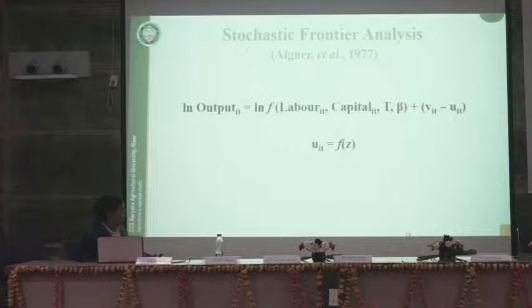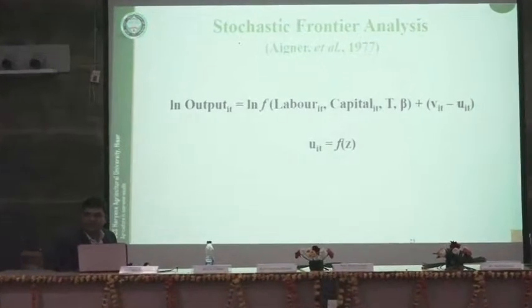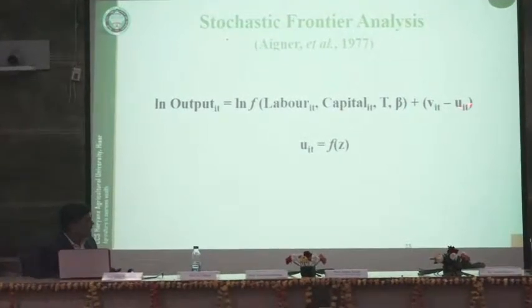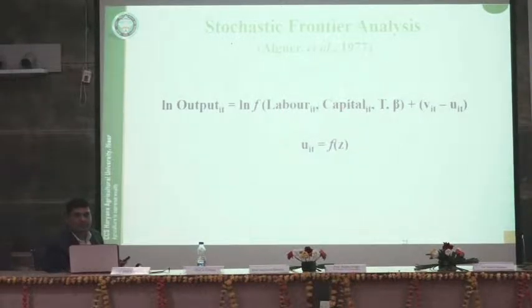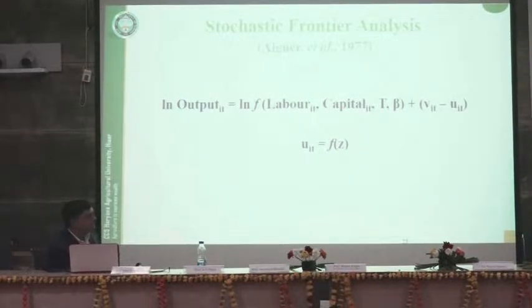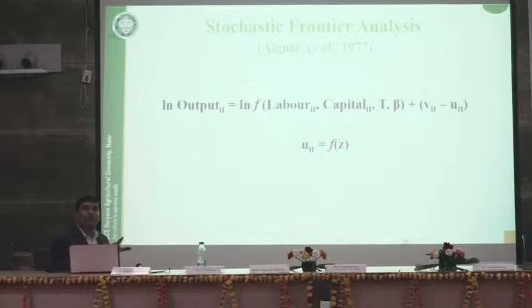If your mu is statistically insignificant, or statistically 0, that means your stochastic frontier model becomes a simple production function model. If there is no inefficiency term, then it becomes a simple production function model. Is it clear now? Yes.